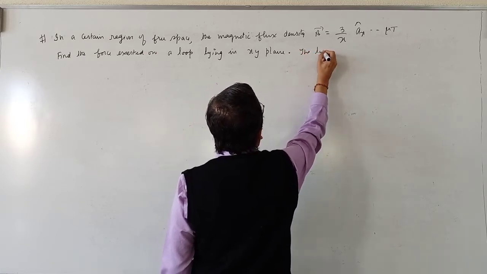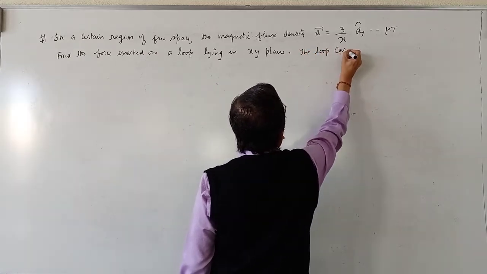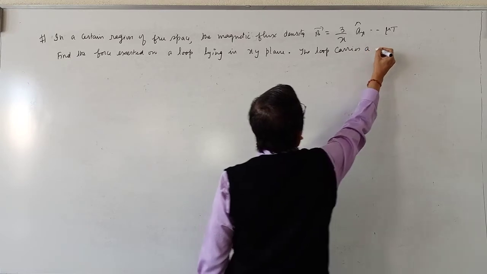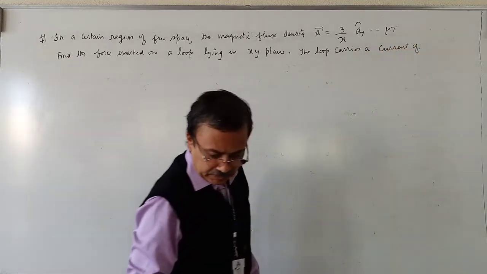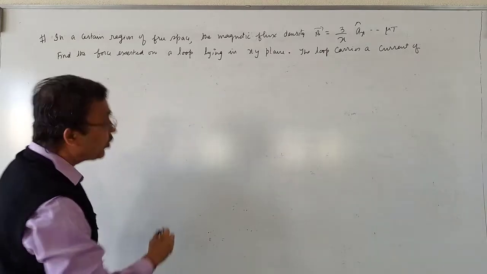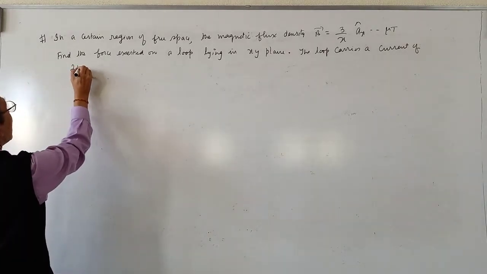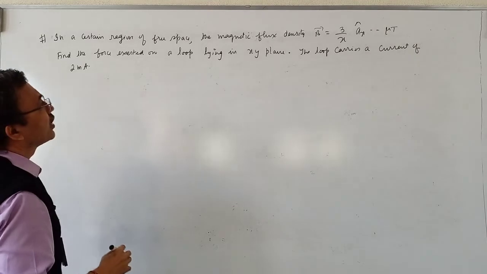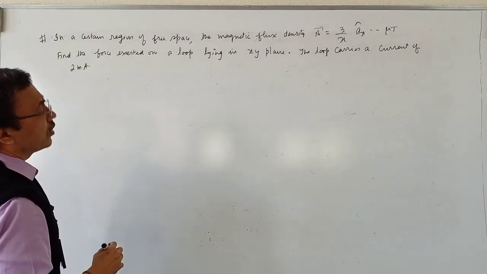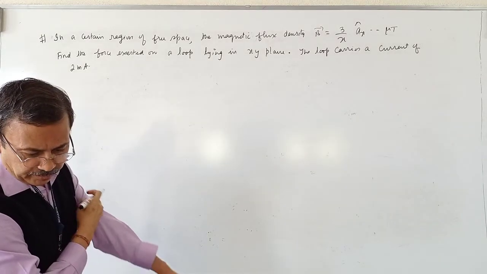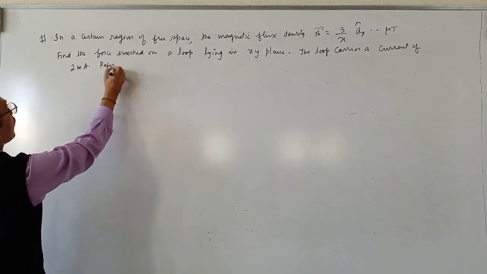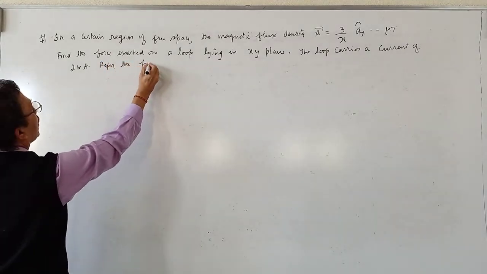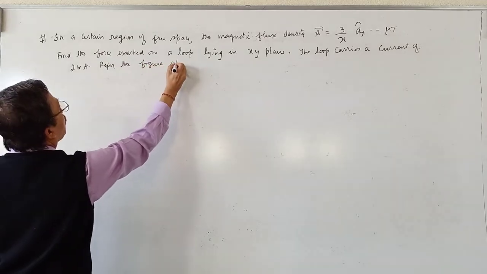The loop carries a current of 2 milliamperes. Refer to the figure shown below.